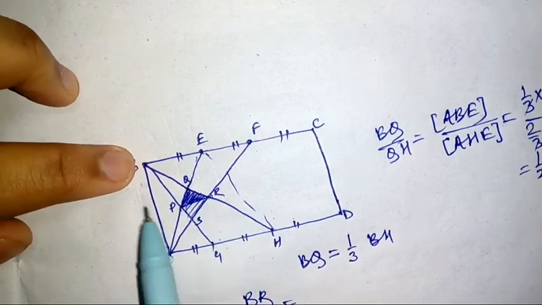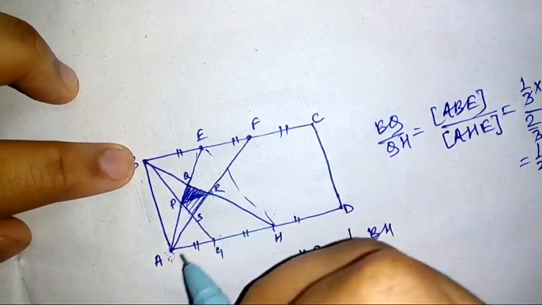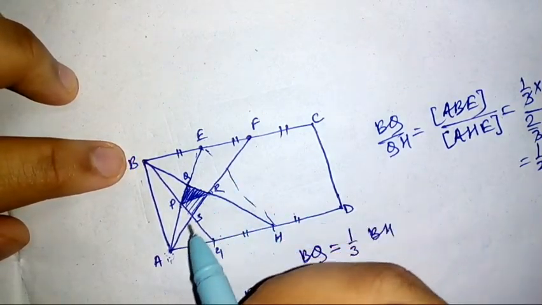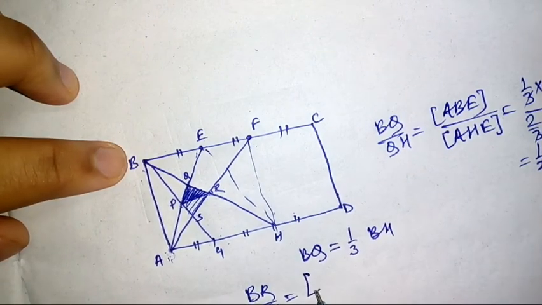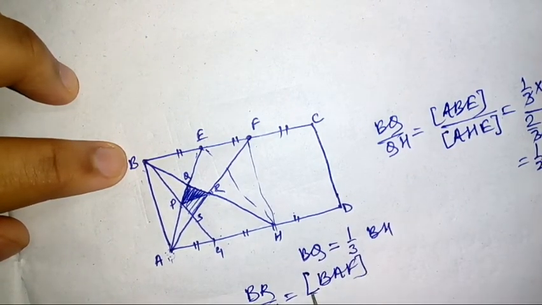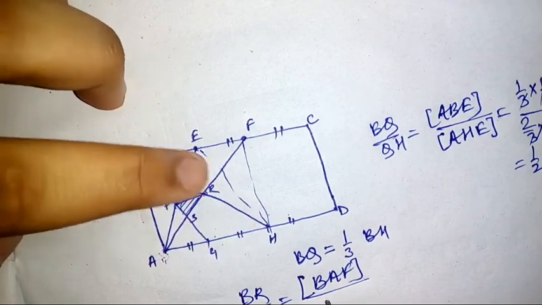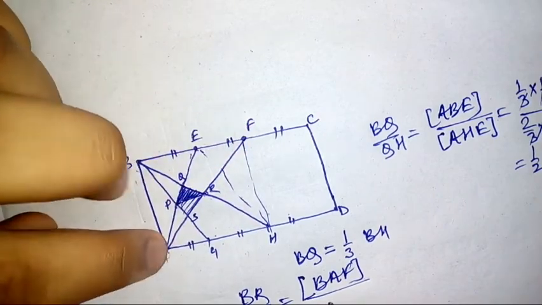And we have to find BR by RH. See, this can be defined by this line, so it will be this area by this area, BAF by AHF.